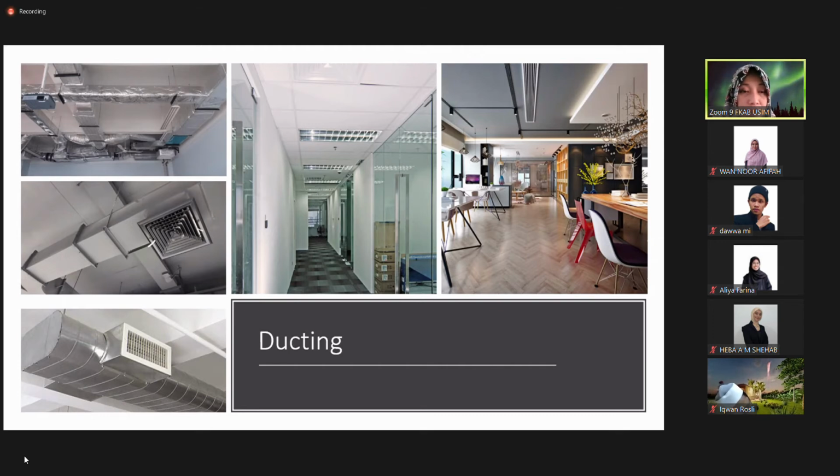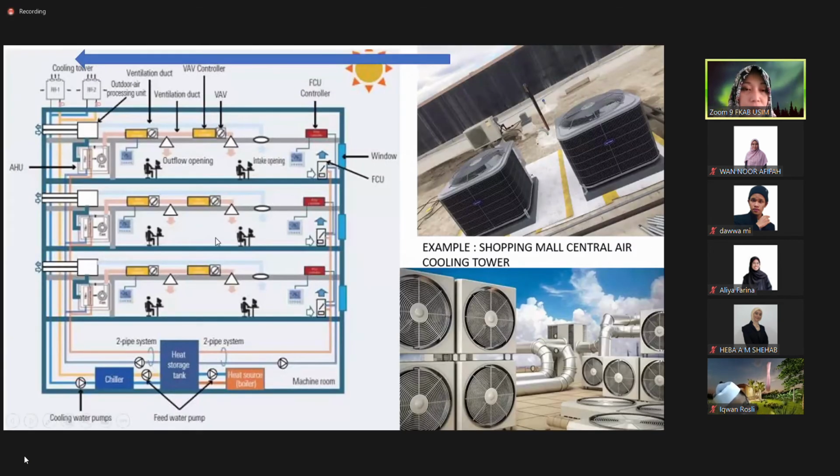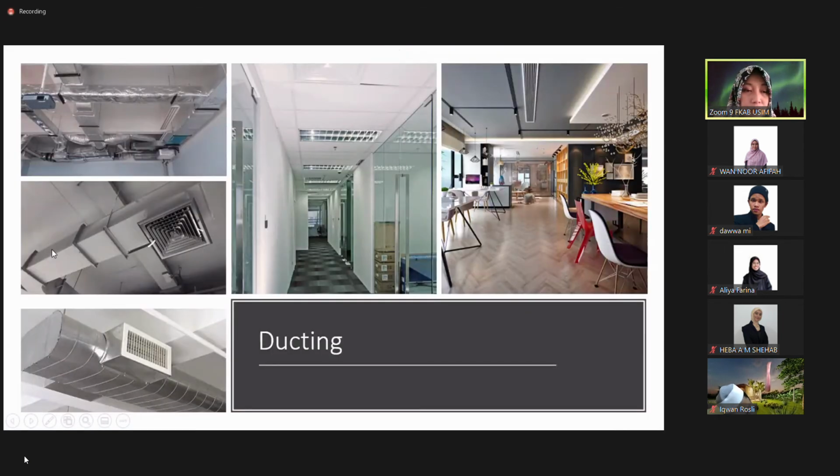Okay, previously you see this diagram. Look at this diagram. Earlier there was a plant room, then how the piping from the plant room will go to deliver the coolness. They must have ducting. The photo here is ducting. This happens above the ceiling area.